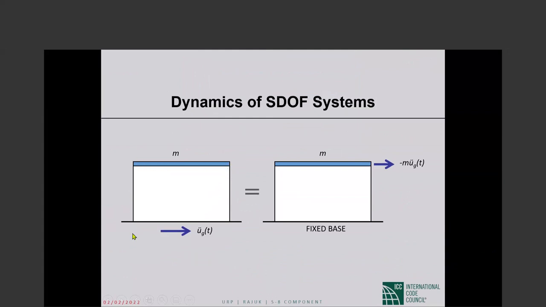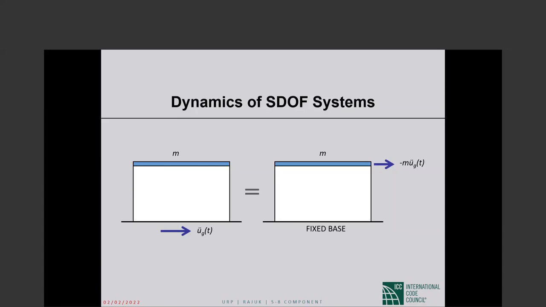So when we have, let us say, a one-story frame or whatever structure subject to earthquake ground accelerations, U sub G is displacement of the ground, U sub G dot is the first derivative of that, the velocity of the ground, U sub G double dot is the second derivative of the ground displacement, and that is ground acceleration.